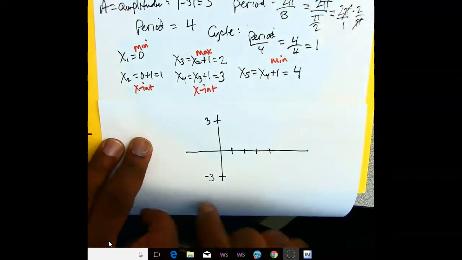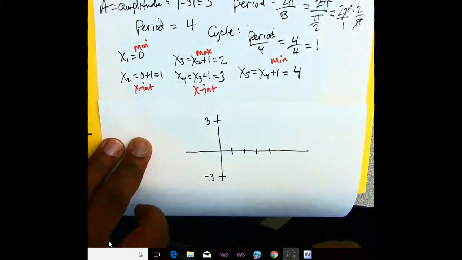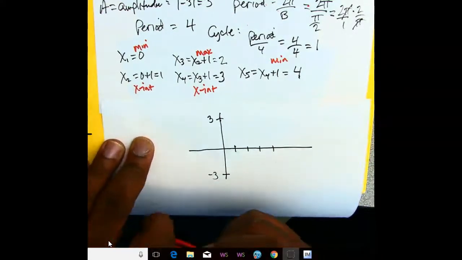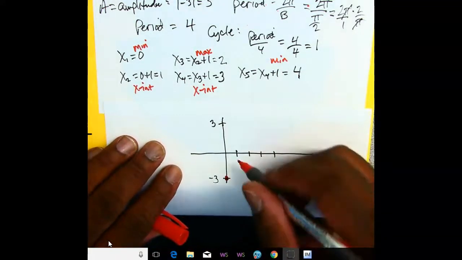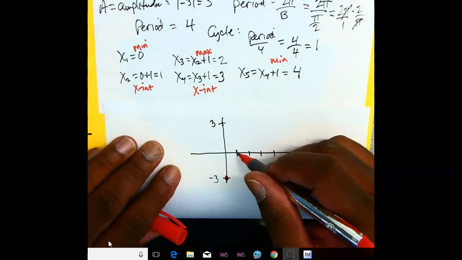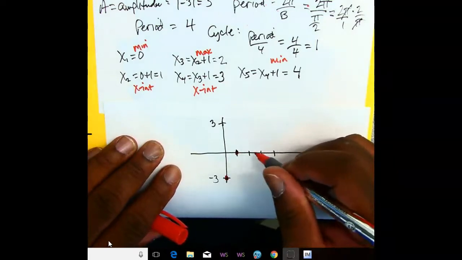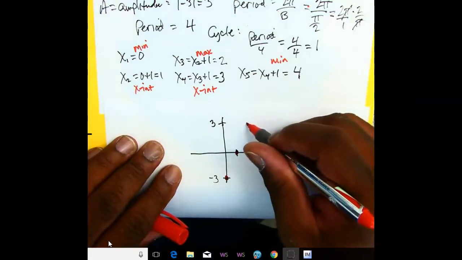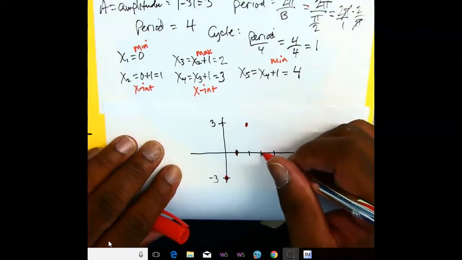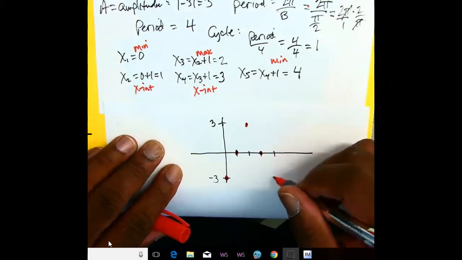So we're going to have a minimum value when x is 0, an x-intercept at x equals 1, a maximum value at x equals 2, an x-intercept at x equals 3, and a minimum value at x equals 4.